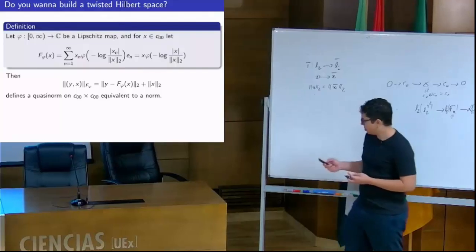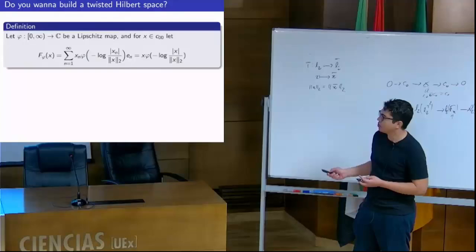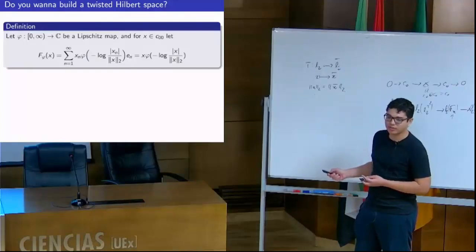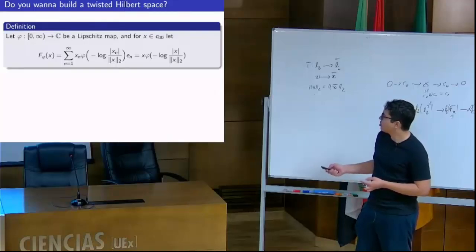So let phi be a Lipschitz map from the positive real numbers to C. And for x finitely supported, define this map. You are taking each coordinate, you repeat the coordinate, and apply phi to this function. It's like an entropy function.